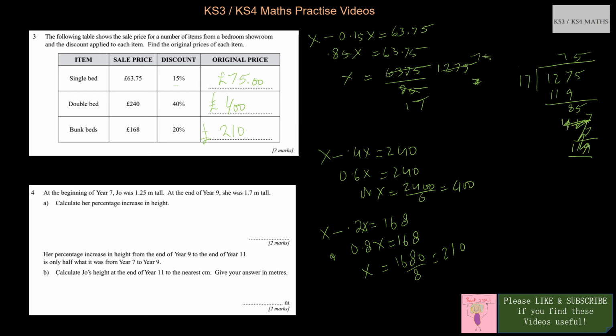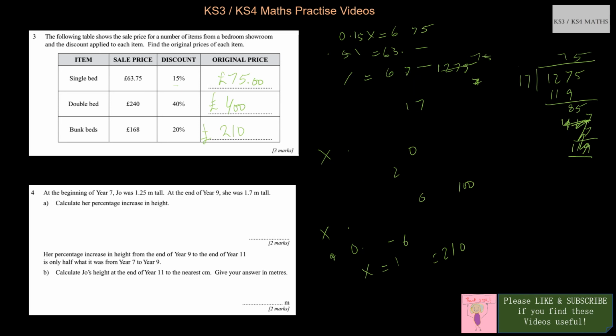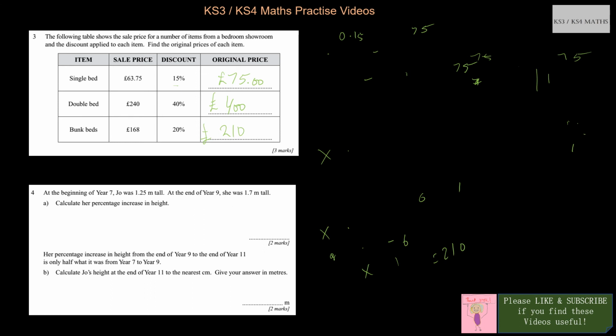So the next one is: at the beginning of year 7, Joe was 1.25 meters tall. At the end of year 9, she was 1.7 meters tall. Calculate her percentage increase in height.